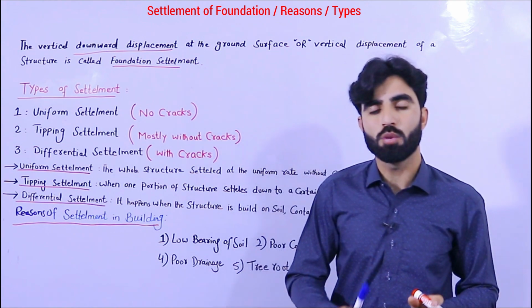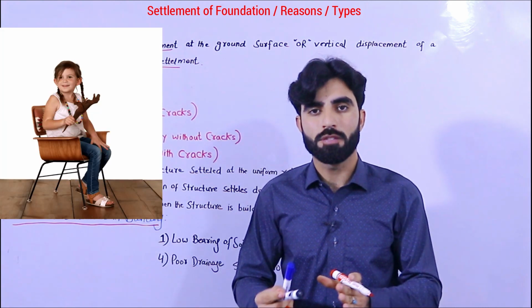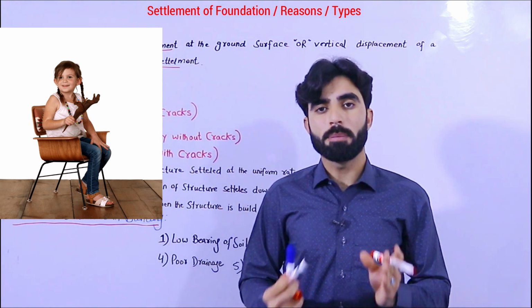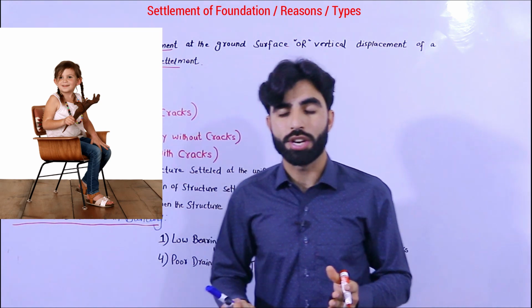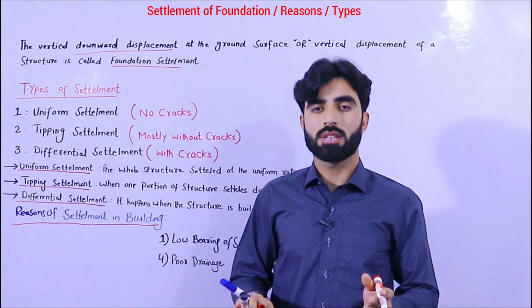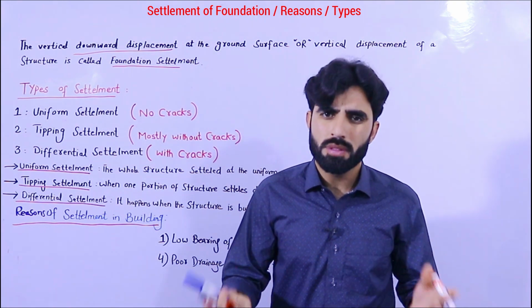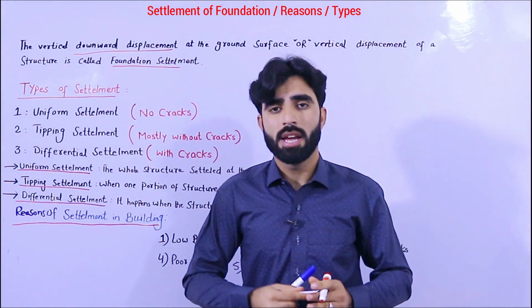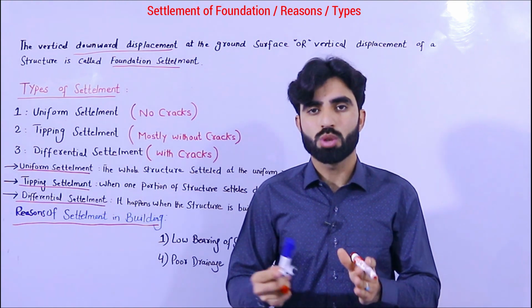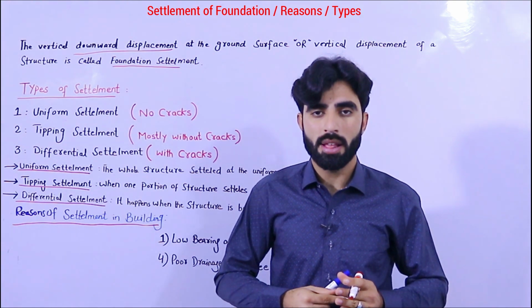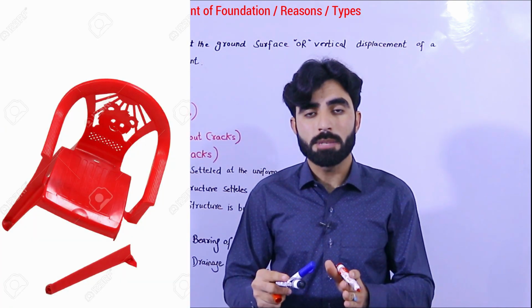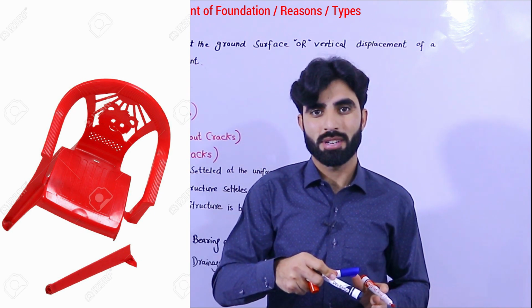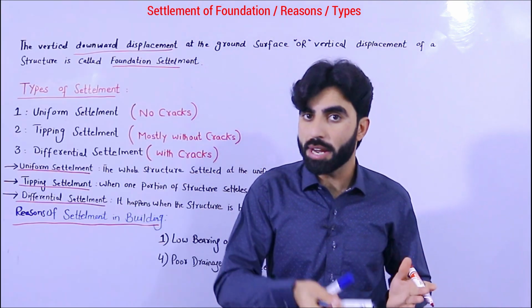For example, if you buy a chair for your baby, and the baby's age is, for example, 6 years, and the chair can support 20 kg weight, and if an adult person sits on that chair, then absolutely the chair will break.